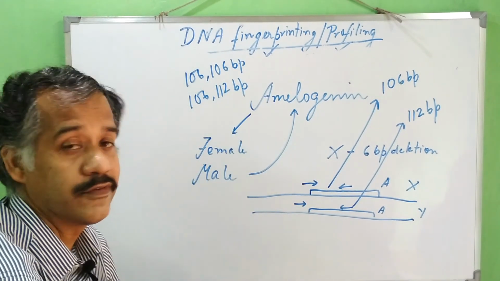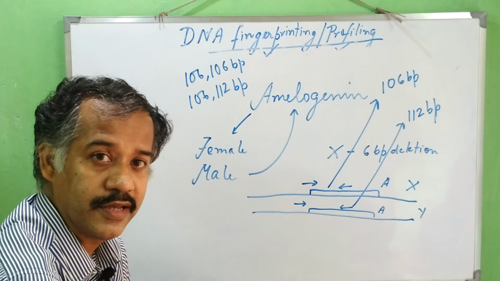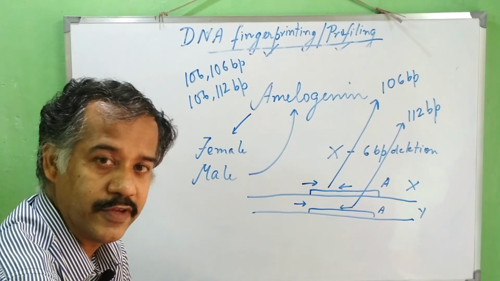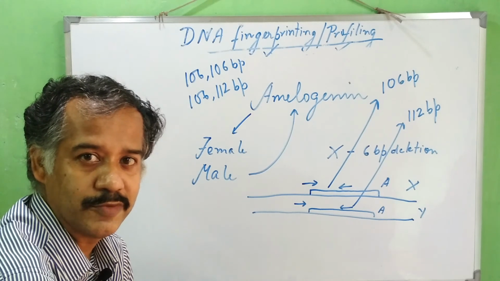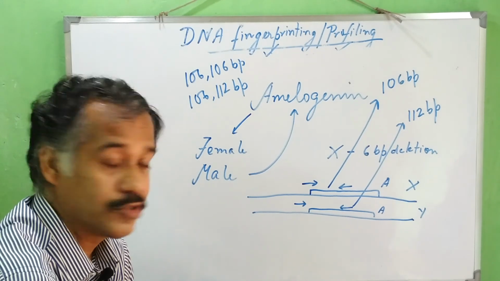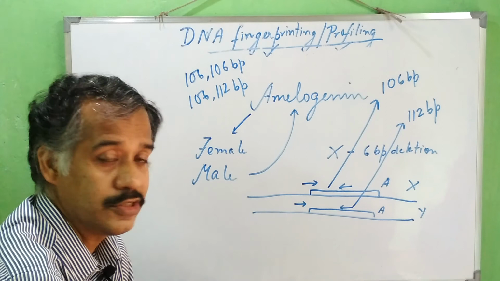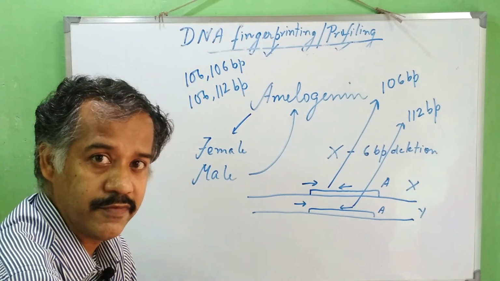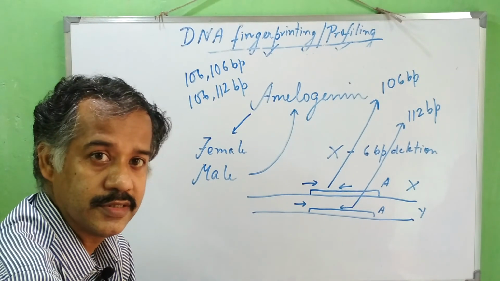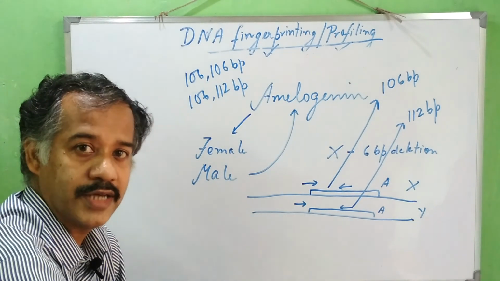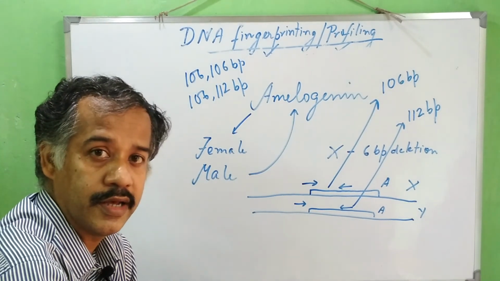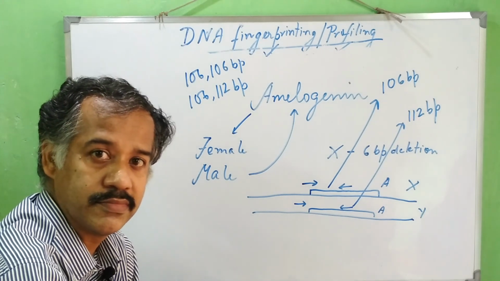And that is enough to tell us whether the DNA came from a male or a female, which becomes very important in many kinds of analysis. I'm sure you will agree. So remember this, amylogenin gene for gender identification in DNA profiling cases. And this is used in conjunction with all the microsatellite analysis that is done. Thank you.